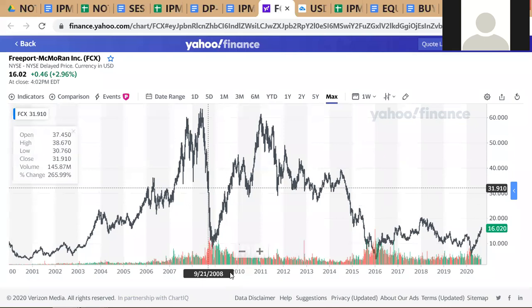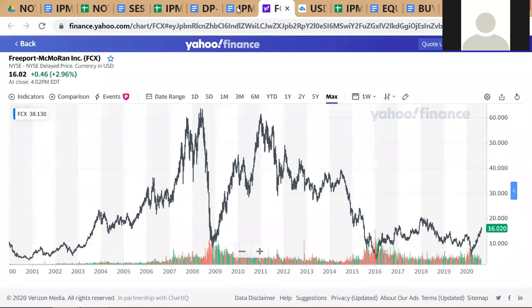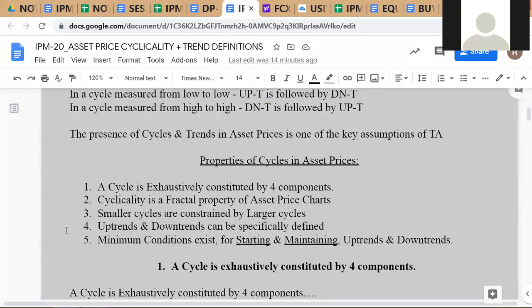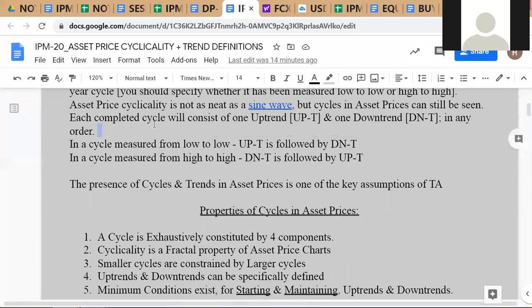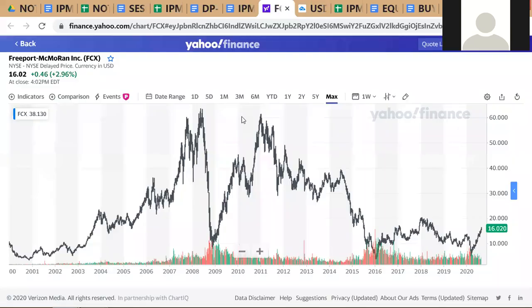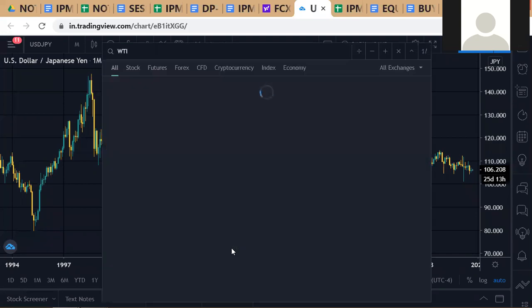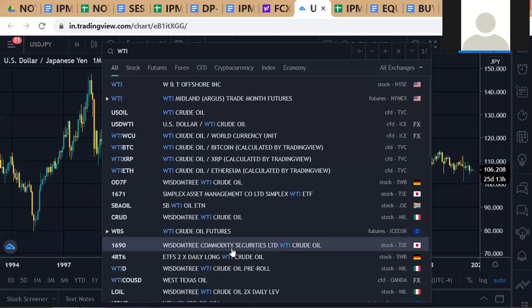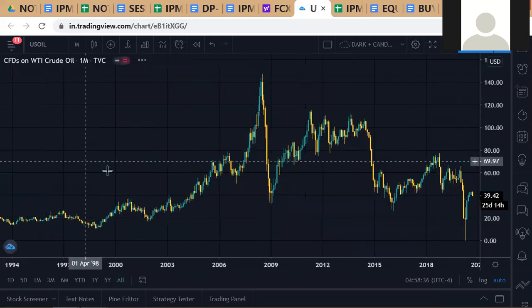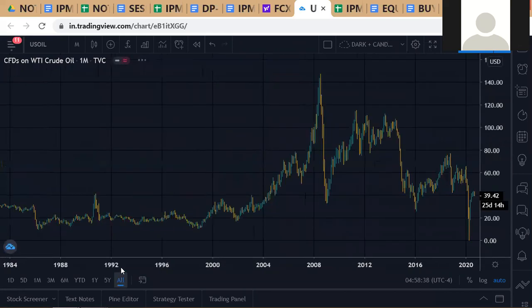Okay. So now, what is the next point on this note? Okay, so the first thing you notice is that in any market you look at, let's look at oil prices. So we looked at currencies, we looked at equities. Now we look at crude oil.